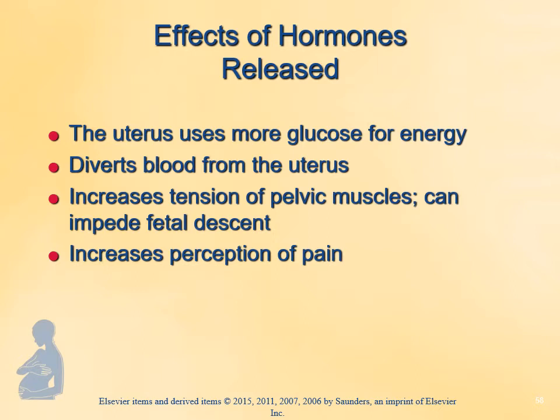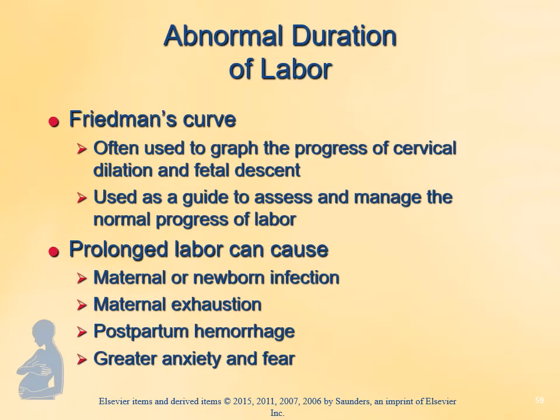So that can cause a delay in progression of labor. That increase in tension of her pelvic muscles can impede fetal descent, and it can cause her to perceive more pain. So the effects of those hormones are something that we may not think about all the time, but it definitely has an impact on labor.